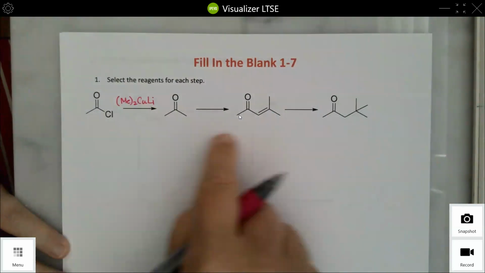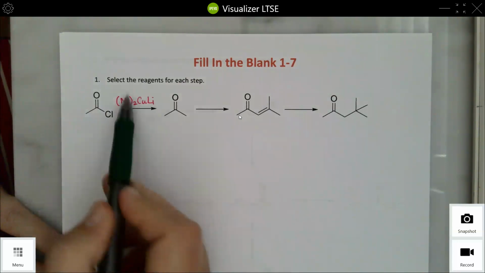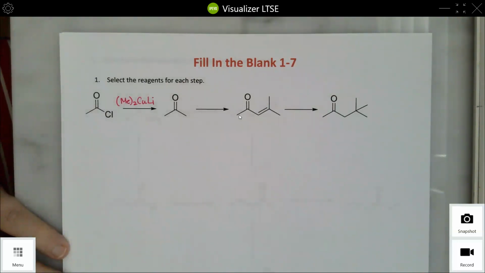This is an aldol condensation reaction, and maybe taking some notes here, right, would be helpful. So you could write in the names if there is a name for the reaction or something that will help you remember it, right? So this is a Gilman reagent, so I'm not going to write it in, but it's optional as you're watching this video, if that helps you remember, you could do that.